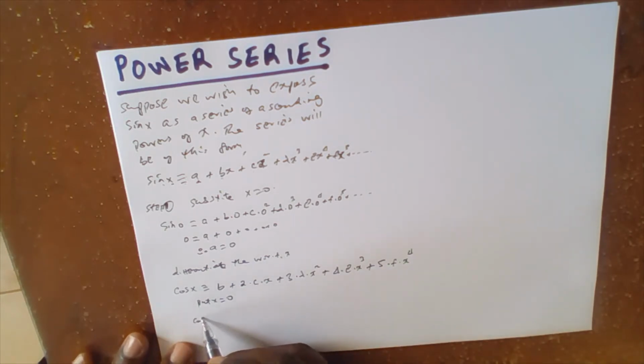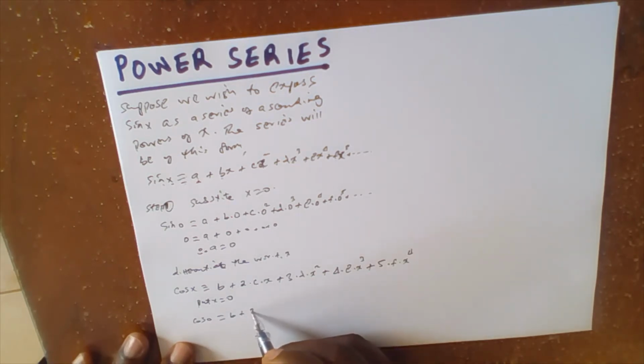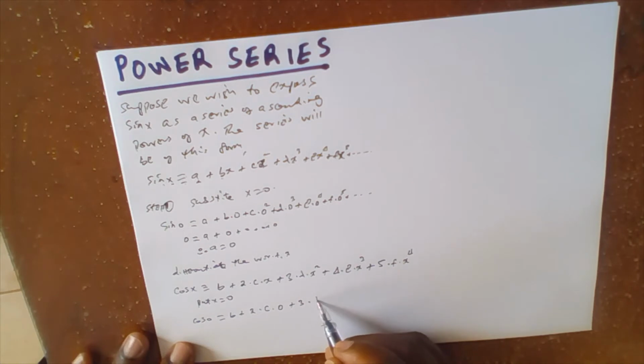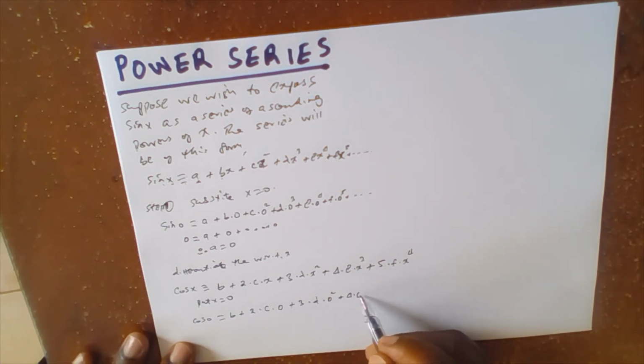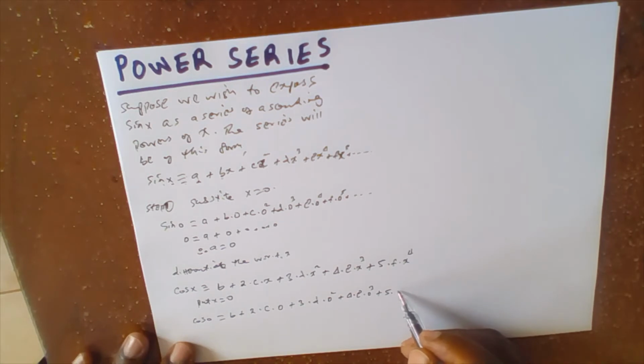So here we have cos 0 equals to b plus 2 times c times 0, plus 3 times d times 0 squared, plus 4 times e times 0 cubed, plus 5 times f times 0 raised to 4.